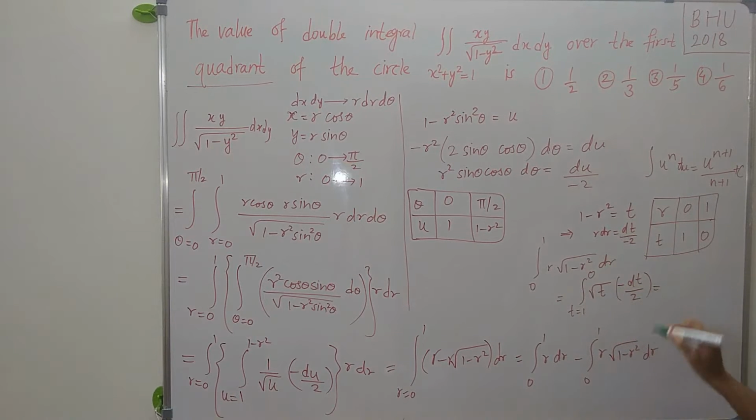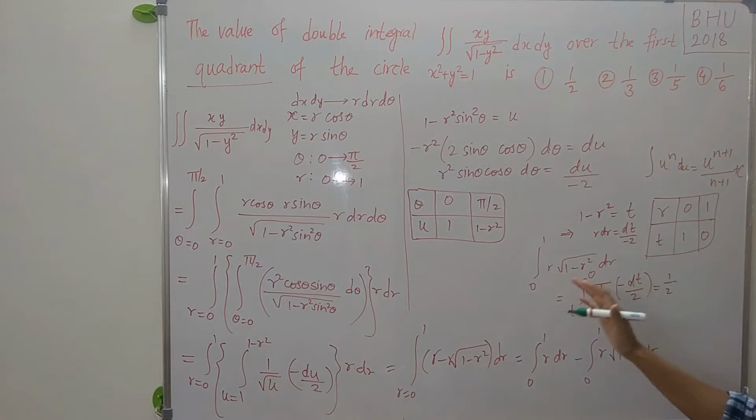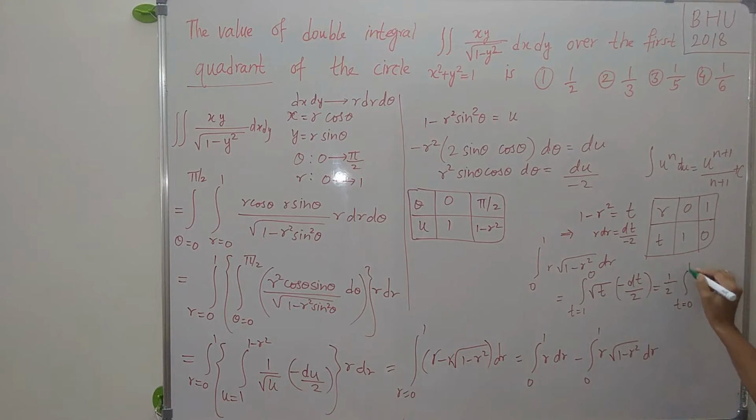Now let us just solve this. Here it is minus 1 and the limits are from 1 to 0, so we can just swap them. This 1 by 2 is a constant, take it outside. This is t runs from 0 to 1 square root t dt, right?